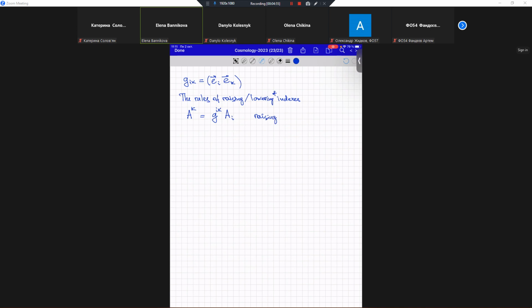This is lowering. If I have A^i, with the index above, I put here g_ik, and finally I obtain A_k.